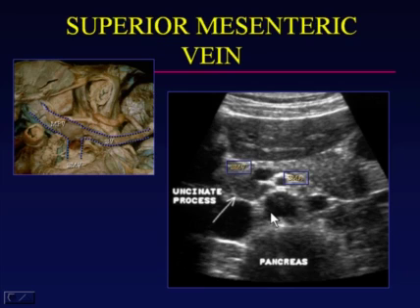So the superior mesenteric vein runs in a craniocaudad dimension, basically parallel or in the same plane as the inferior vena cava or the aorta, but superior to that, or more anterior to it.